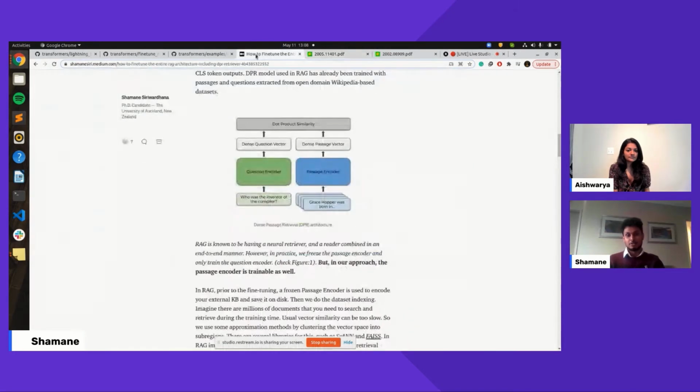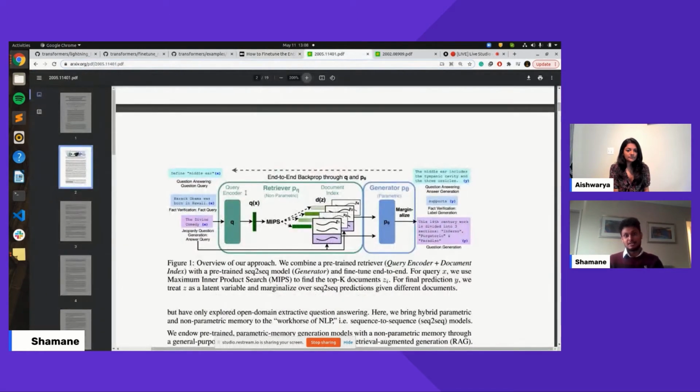So if I quickly show an easier image, this is what it looks like. You have an input, and you have this set of documents or whatever the context encoded, right? So the original RAG only fine tunes this part, the question encoder and the generator, but not this document encoder.